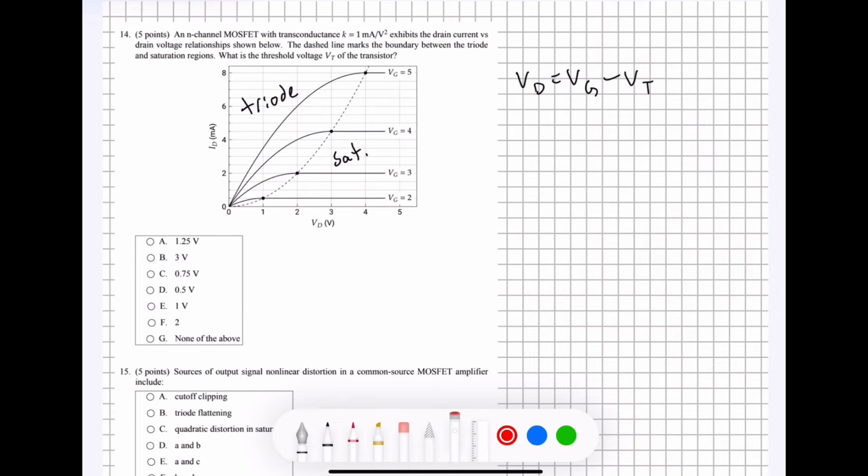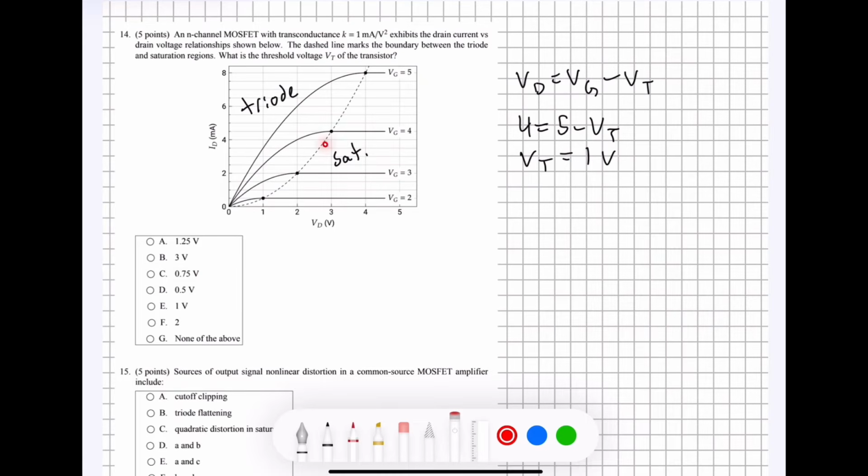So for when the gate voltage is equal to 5, for example, we know that the drain voltage of this point right here is basically going to be 4, because you can see that on the x-axis of this graph. So if we put those into the equation with the gate voltage equal to 5 and the drain voltage equal to 4, we will have 4 is equal to 5 minus VT, and that gives us a threshold voltage of 1 volt.